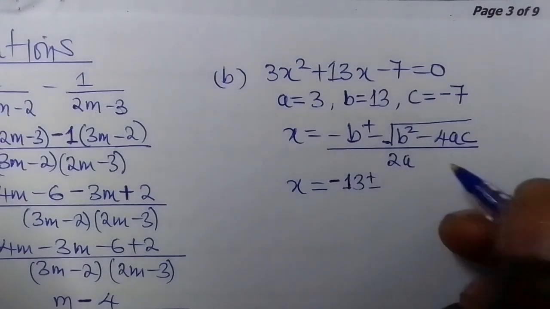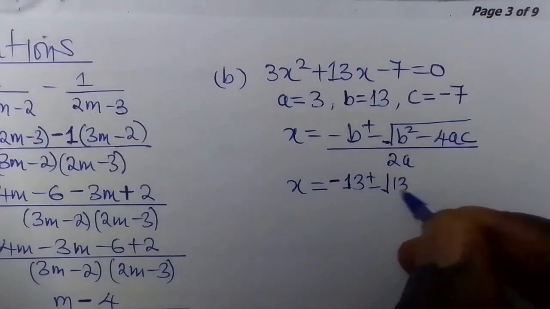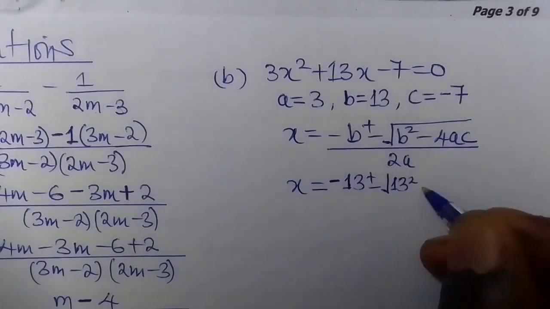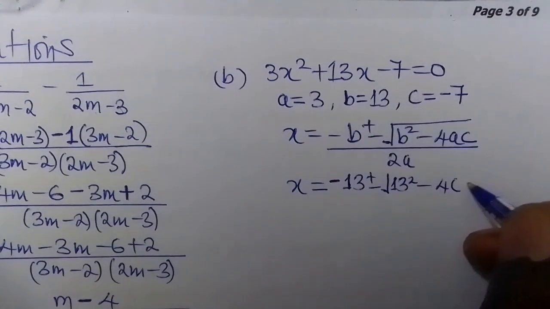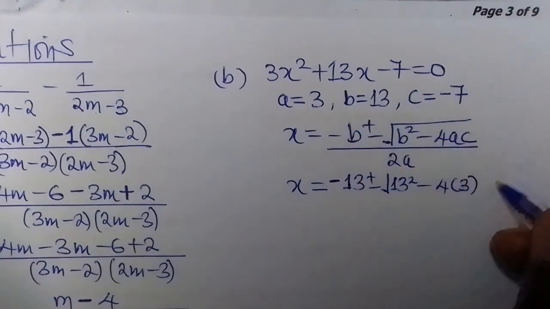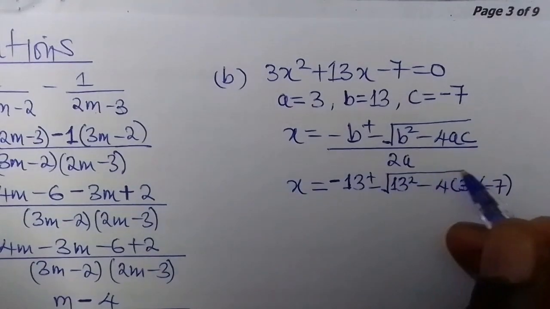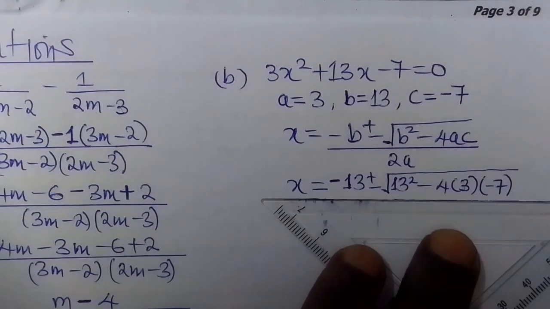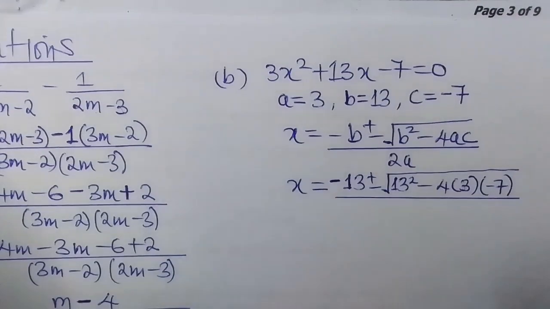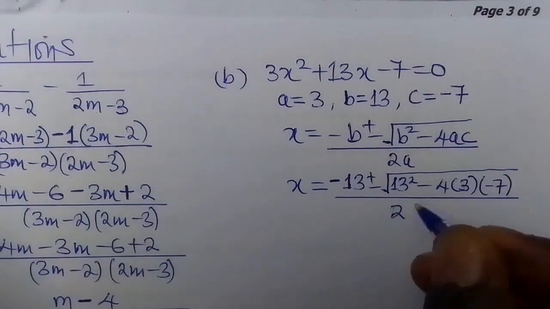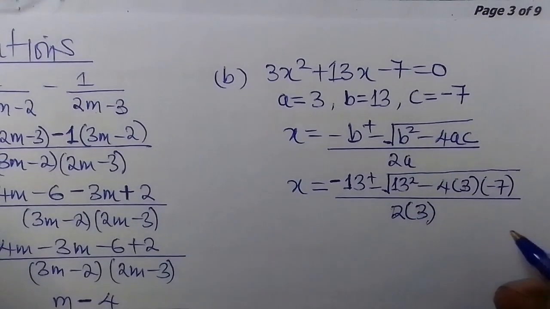Plus or minus. Then b squared, this is 13 squared, minus 4. A is 3. Then C is -7. So there's multiplication here. Then over, below we're going to have 2a, which is 2 times 3.